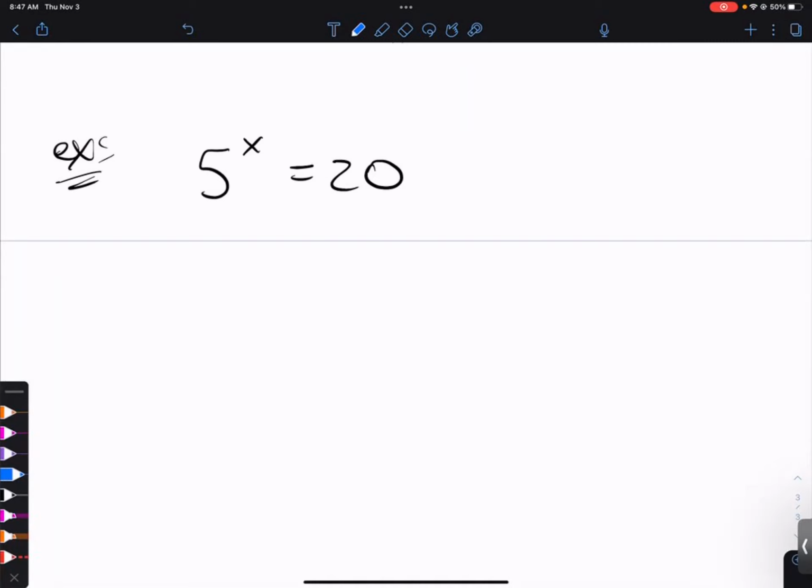But how would you rewrite that as a logarithm? As a logarithm, the log base 5 of 20 equals x. Okay, well, we've solved it. That's the exact value that would solve that.